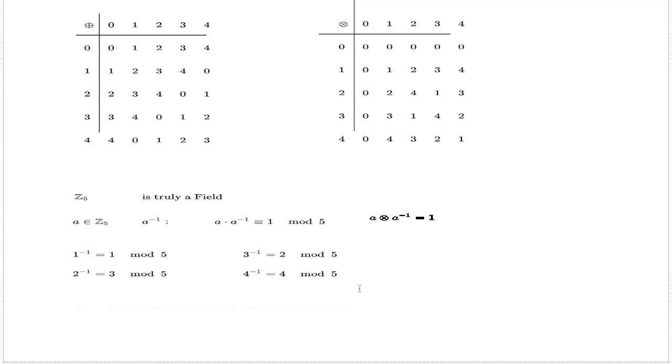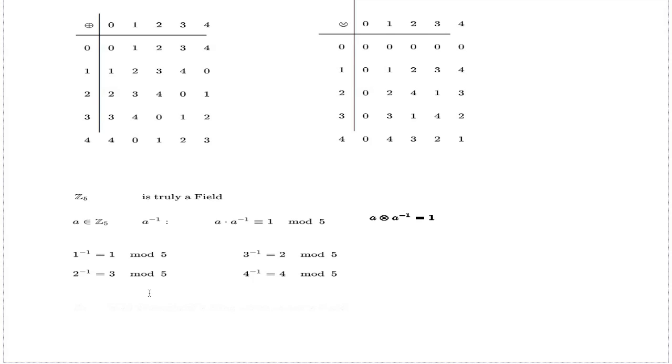And that's why Z5 is a field. That's why my Z5 satisfies every axiom we mentioned before. Of course, the existence of the inverse is the hardest of all axioms. That's why I pay attention to this particular axiom. Other axioms, like I said, are very simple to check. I think you will manage that easily, independently.